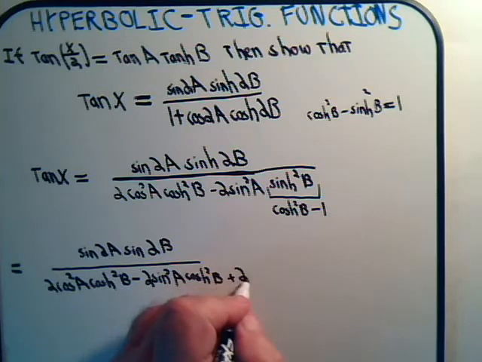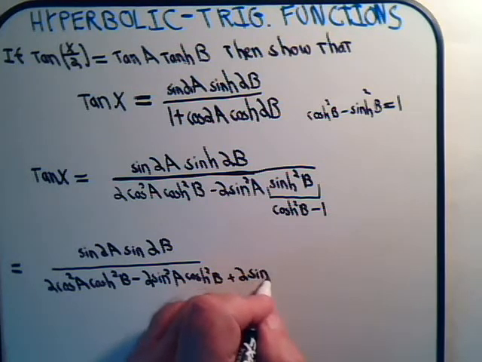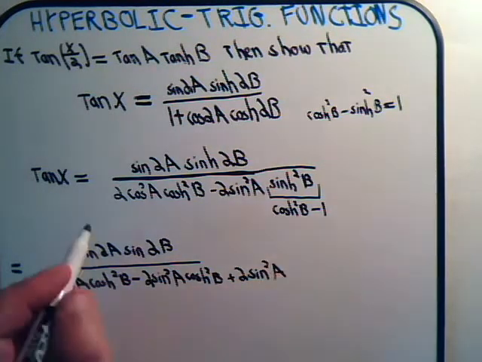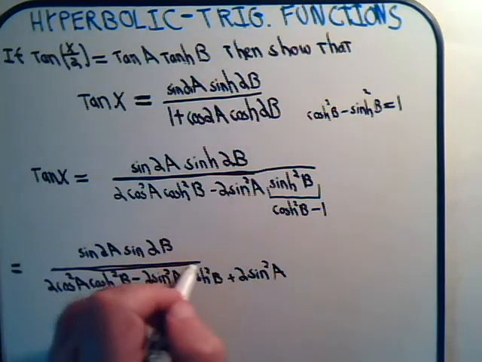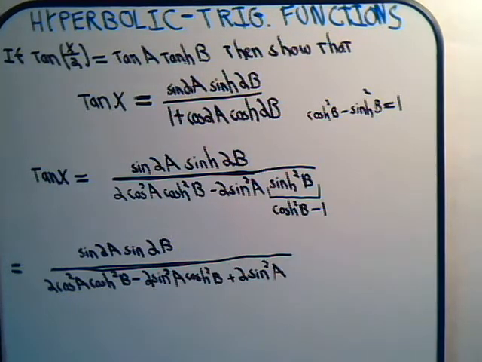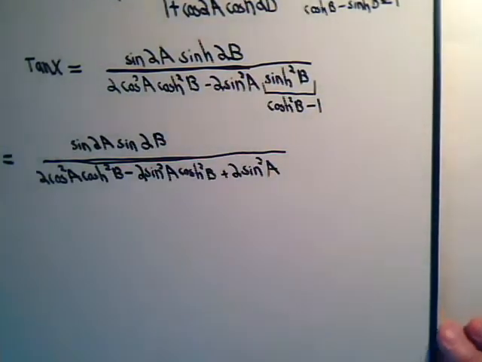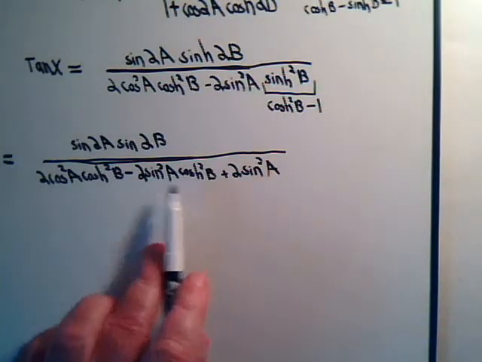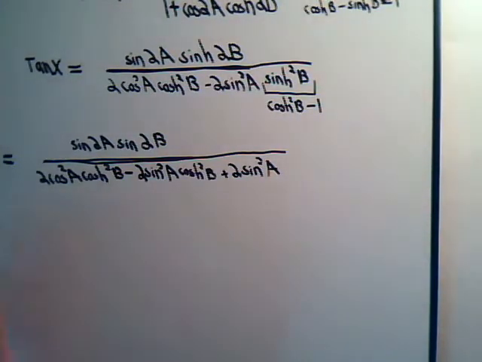That's plus 2 times the sine squared of a. Of course, this is all over one denominator here. Alright, now here we can factor out this hyperbolic cosine squared b times 2.